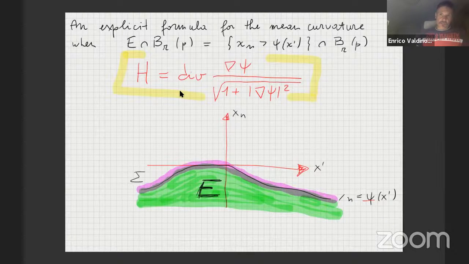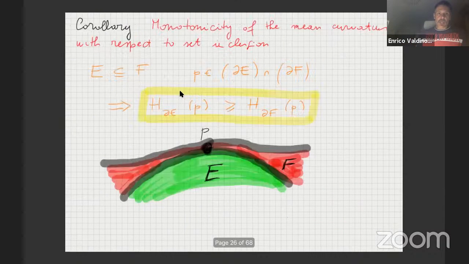So we found an explicit formula for the mean curvature with respect to the graphical structure of the surface. From this, we deduced the useful corollary that is somehow a maximum principle for the mean curvature, or a monotonicity of the mean curvature with respect to set inclusion. If one set is included in the other, then the mean curvature of the set inside is bigger than the mean curvature of the set outside.